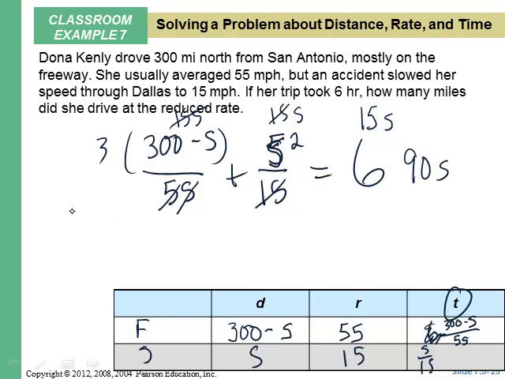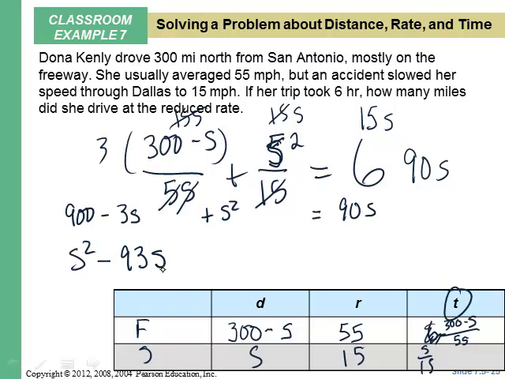So 900 minus 3s plus s squared equals 90s. So we have s squared minus 93s plus 900 equals 0. What two numbers multiplied to equal 900 added equal 93?